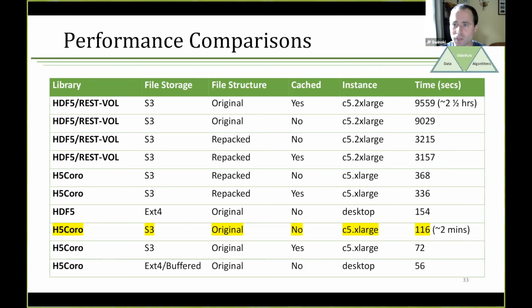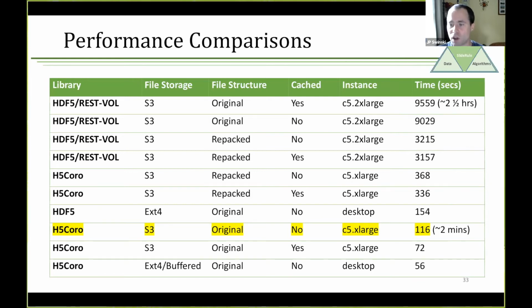The table here is ordered by duration. The setups that took the longest are at the top, and the setups that took the shortest amount of time are at the bottom. We're looking for low numbers, right? We want to be able to process and read the data as quickly as possible.